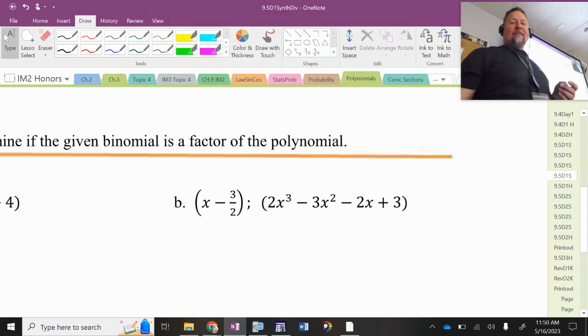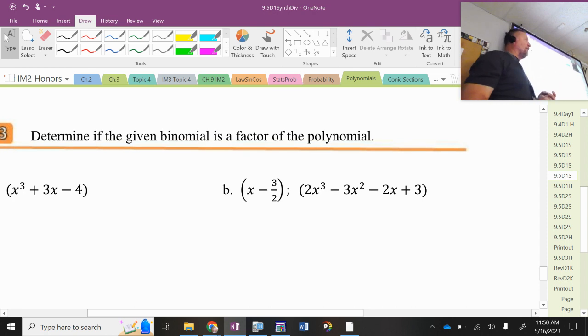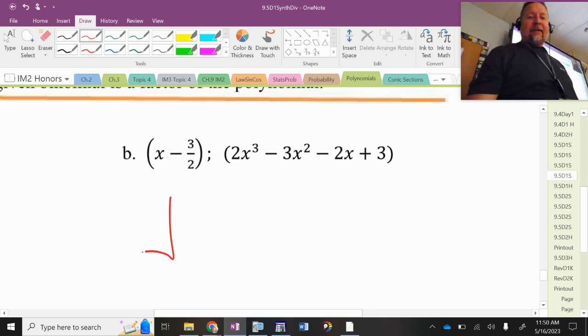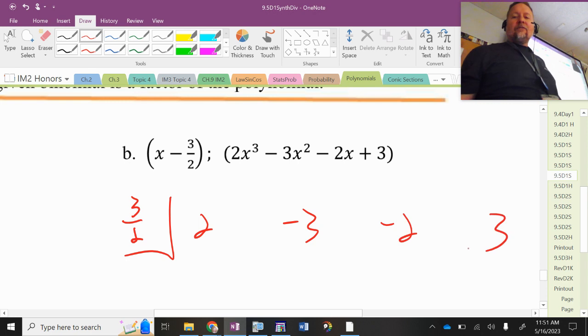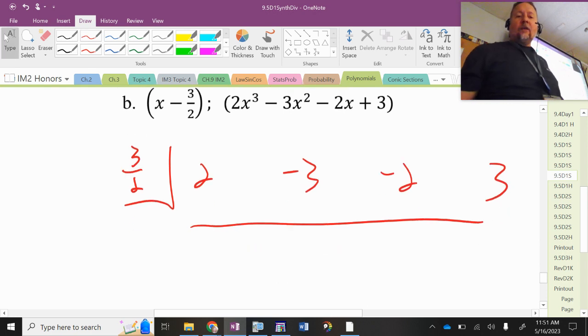Okay. So now is it a factor or not? So determine if this is. He already says so. So Adam, what goes in this blank? Is this a factor? 3 over 2. And then do I have any missing terms? Or go ahead, tell me the next part. Yes. 3. And then what goes here?